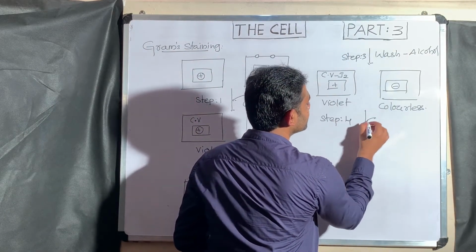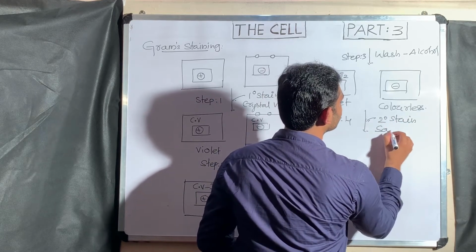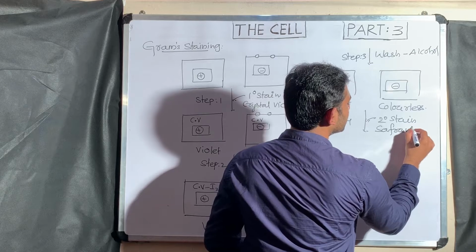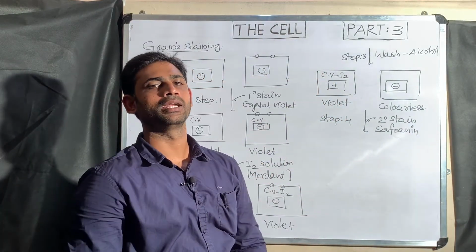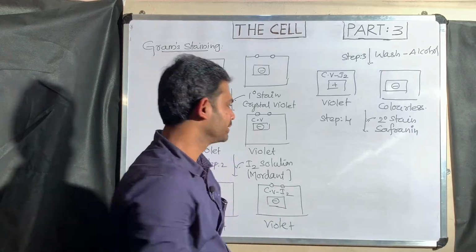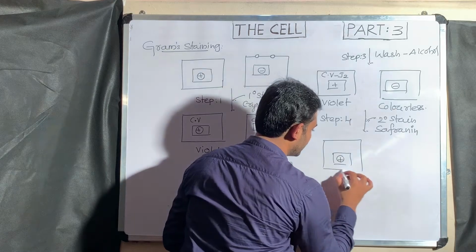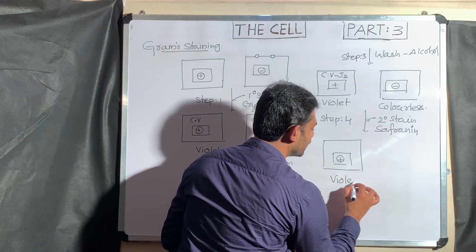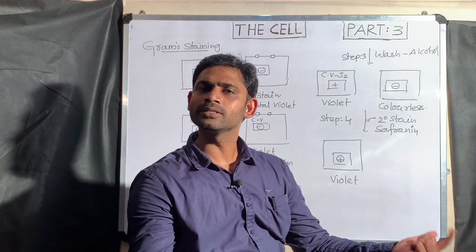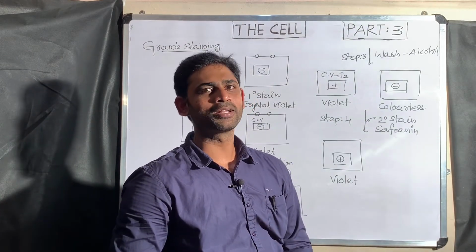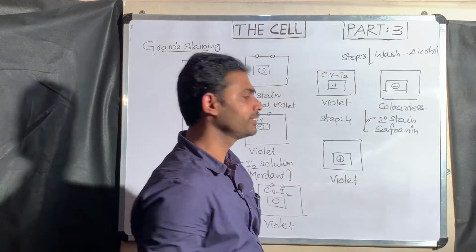The next one is step 4, that is adding the secondary stain, safranin. Here, the gram-positive cell wall is already saturated with the crystal violet. Further, it cannot take any more. That means gram-positive bacteria remains in the violet color. Because gram-negative bacteria lost the crystal violet from the cell wall, this gram-negative bacteria can take the safranin.